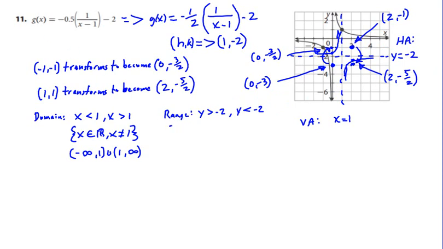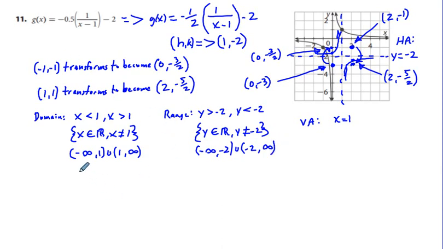In set notation, y is an element of all real numbers, but y cannot equal negative 2. And finally, for interval notation, we have negative infinity up to, but not including, negative 2, union negative 2, comma, infinity.